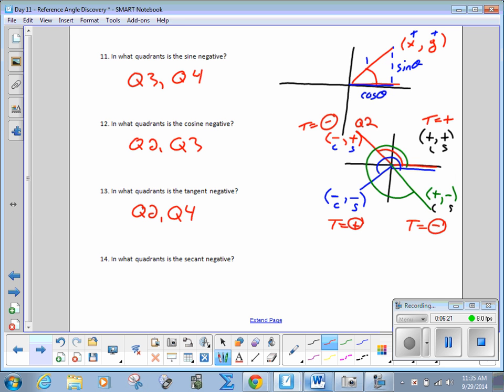Now the secant, you just got to kind of figure the secant is the reciprocal of the cosine. So wherever the cosine is going to be negative, so is the secant. So the secant is going to be negative in Q2 and Q3. And take a second and fill in the cosecant, which is going to match up with the sine, and the cotangent, which is going to match up with the tangent.